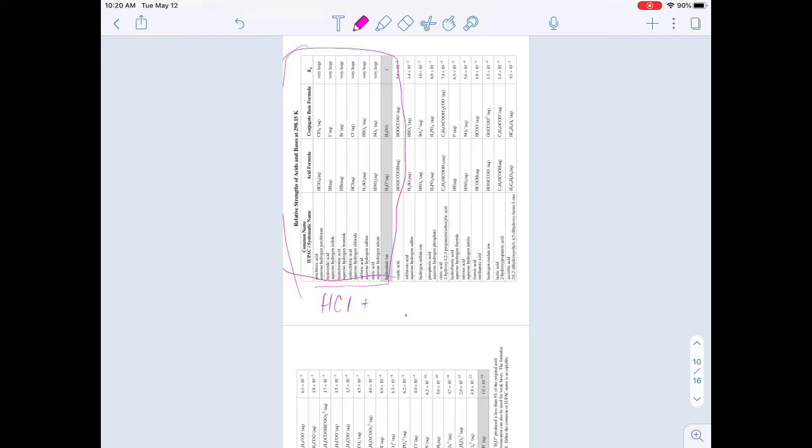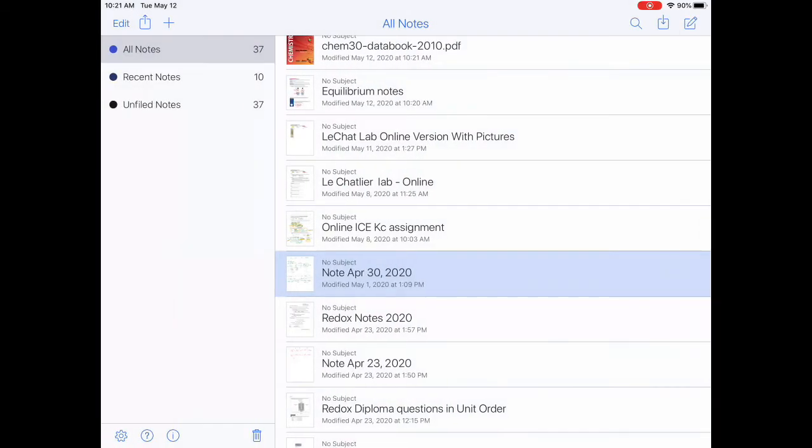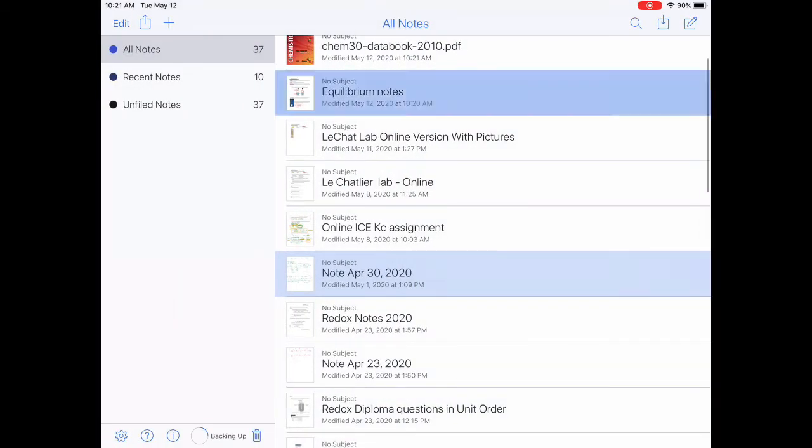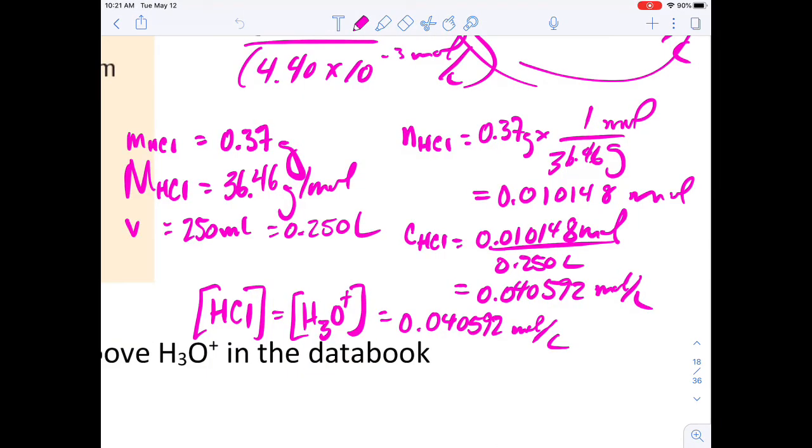So HCl plus H2O, 100% of it becomes hydronium plus a chloride ion. So when we were doing this question, the concentration of hydrochloric acid is the same as hydronium because it's a strong acid and it's a quantitative change.